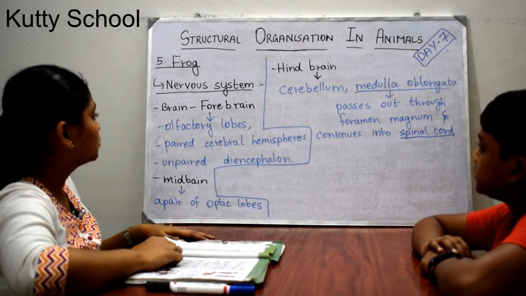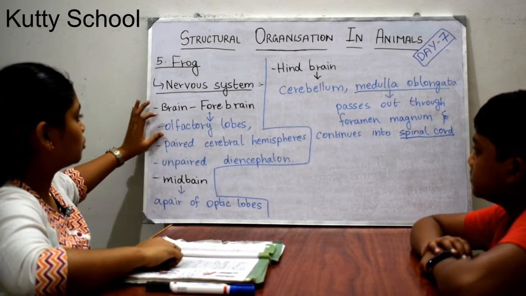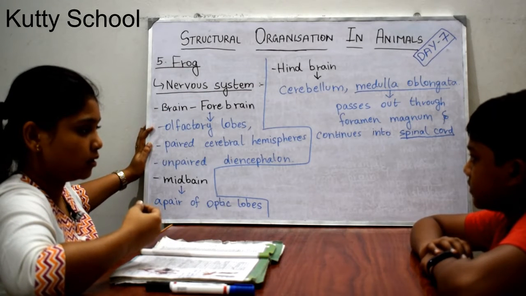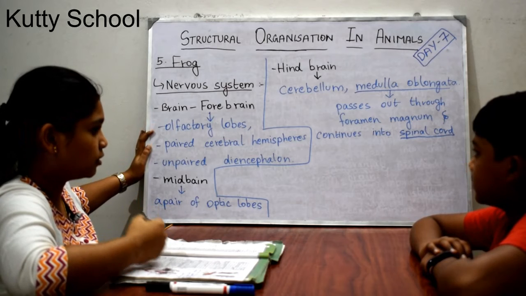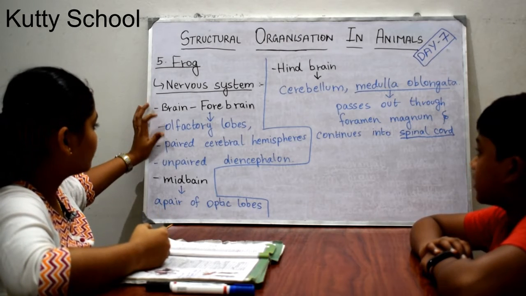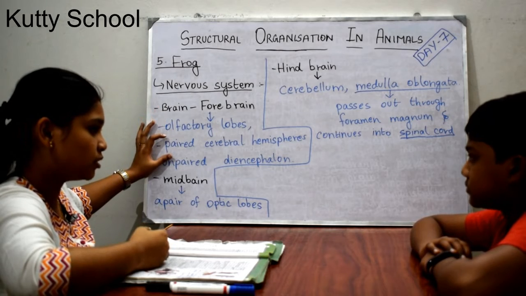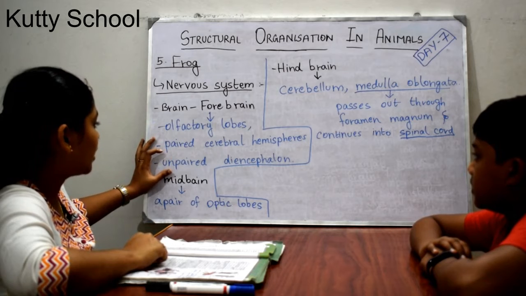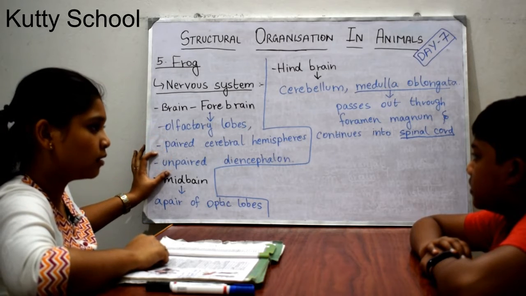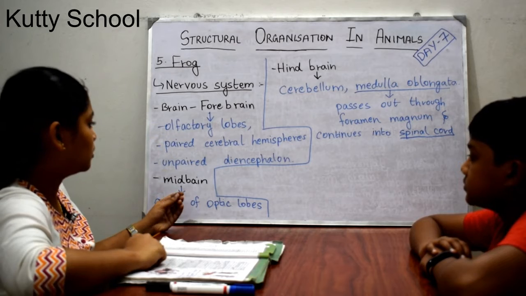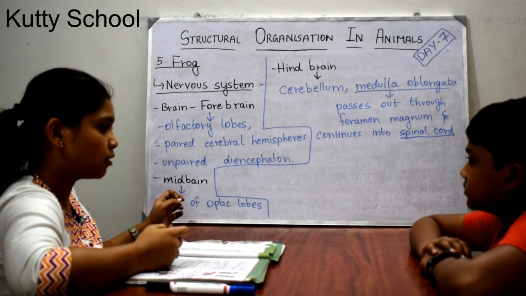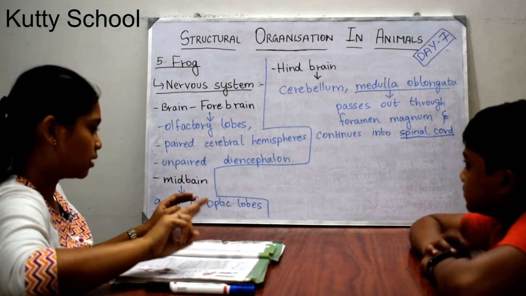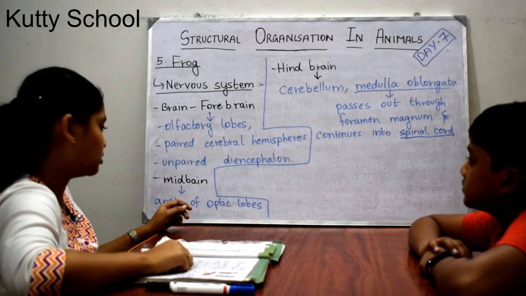The forebrain is composed of olfactory lobes, which are for smelling, and paired cerebral hemispheres, and an unpaired diencephalon. The diencephalon is a single structure.